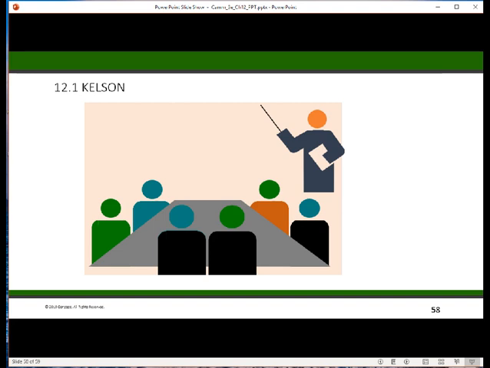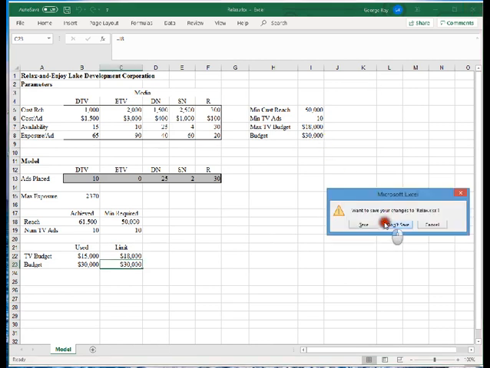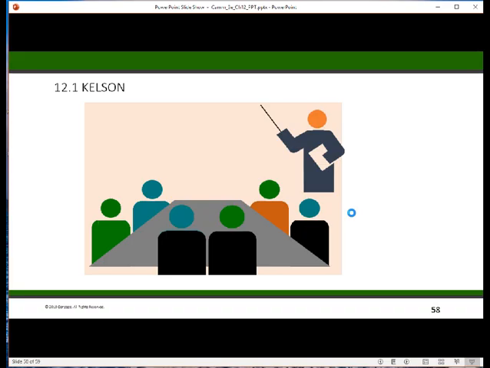Okay, with that information in place, we've gone over a number of different types of models. Let's go ahead and take a look at problem 12.1. So go ahead and read through that one.